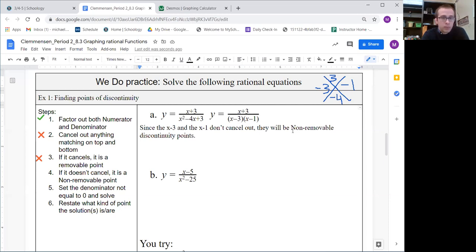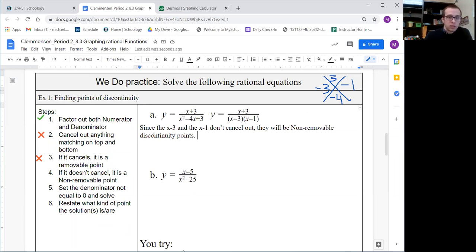You can tell me what's another word for non-removable in what we've gone over so far. Let's see if anybody else can tell me. Yeah, is it sleeping today? All right, perfect. We're going to move on. Asymptote is the word. Perfect.